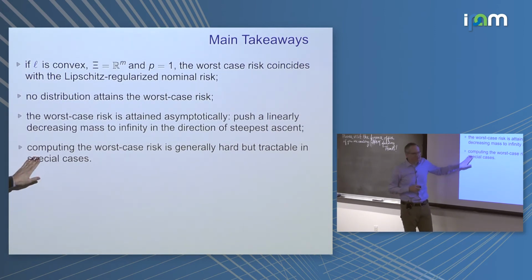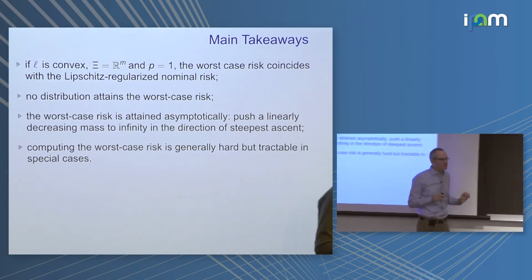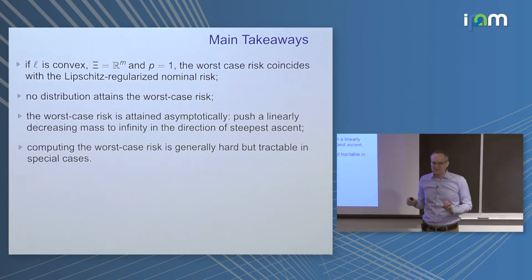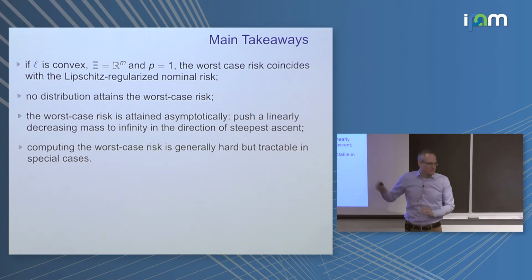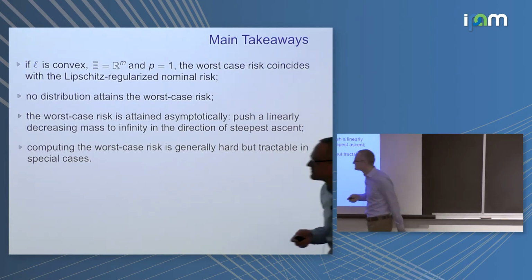I should point out that computing the Lipschitz regularized nominal risk looks simple, but it's not tractable. So even for very simple convex loss functions, computing the Lipschitz modulus of these functions is NP hard. So this result is only useful if we look at loss functions where it's easy to compute the Lipschitz modulus, and I'm going to give you some examples later on.